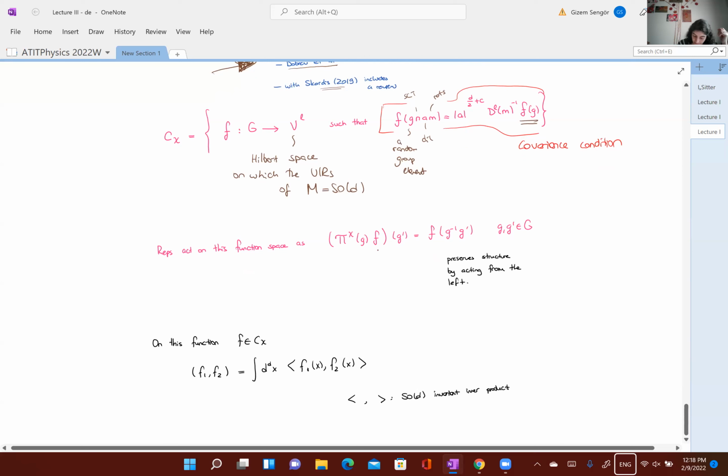On this function space, the well-defined inner product is as follows. You can re-express these functions: our functions were over group elements, but they have a connection to functions over the real line.